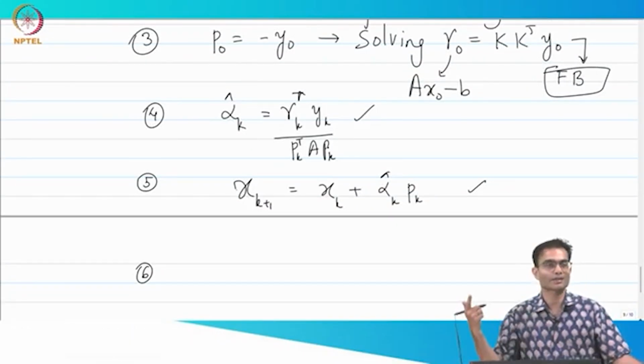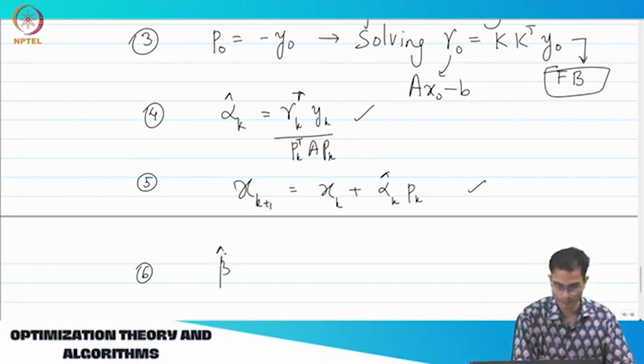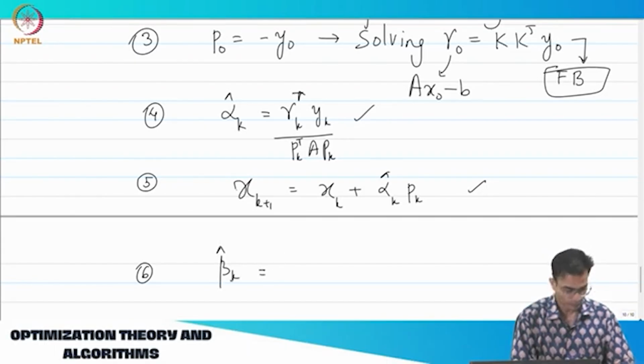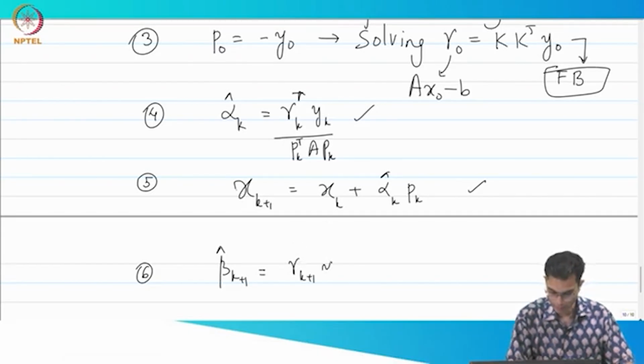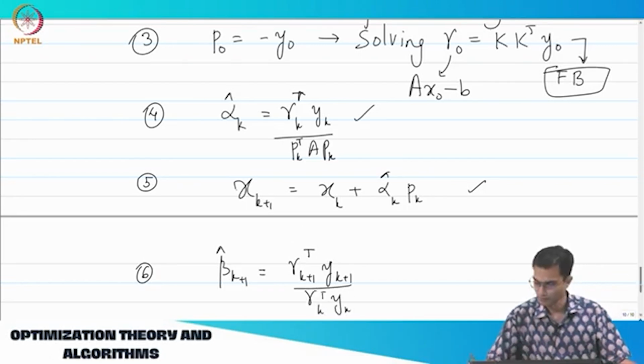Before I go to the next iteration, I should be careful to calculate what? My beta, so that I get my pk plus 1 for the next iteration. So I will use my beta k expression, which was also in terms of r's and y's, right? So this was rk plus 1, sorry, not hat, rk plus 1, yk plus 1, over rk transpose yk. Yeah, that's right, right?